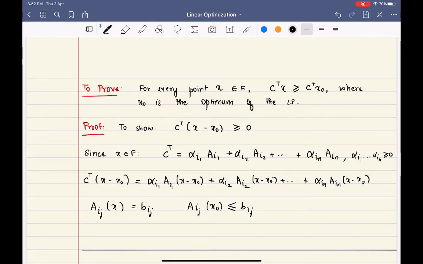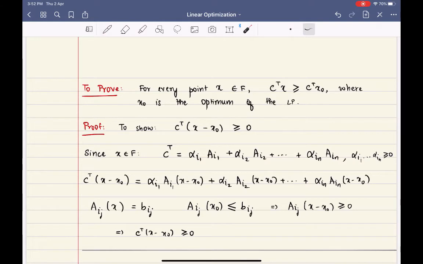Okay, so it will be at most b ij. So what do we get? This implies a ij of X minus X naught is bigger than or equal to 0. Okay, and since alpha ij are all bigger than or equal to 0, we get C transpose of X minus X naught bigger than or equal to 0.